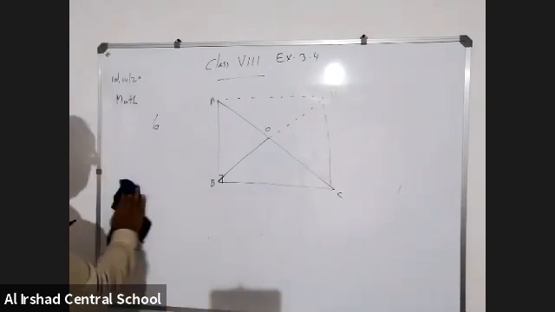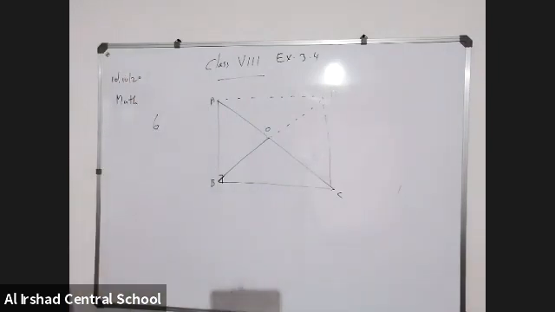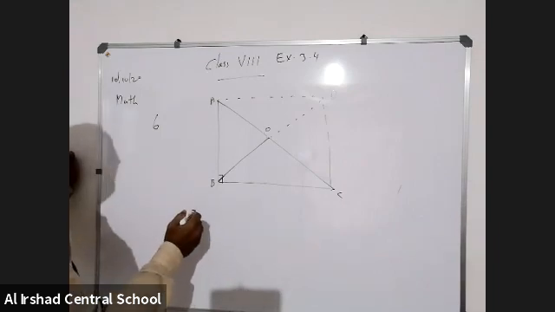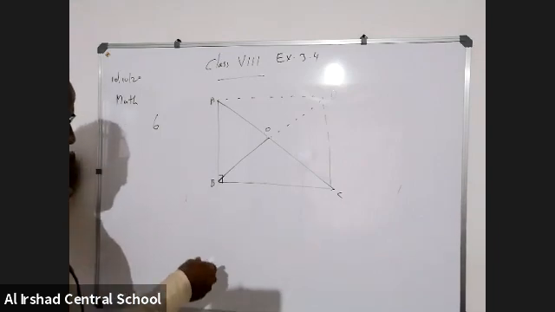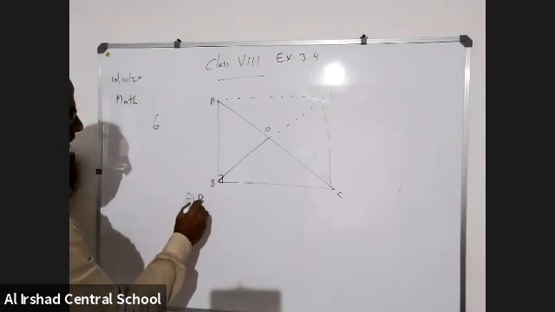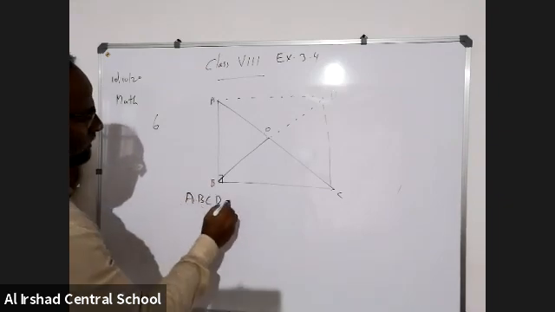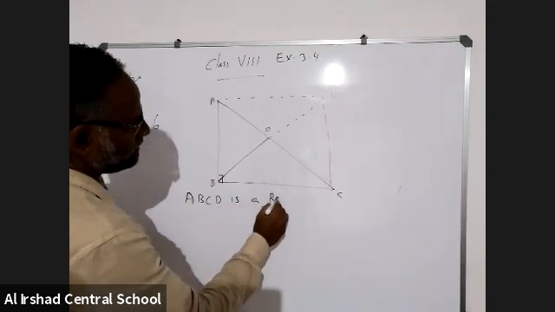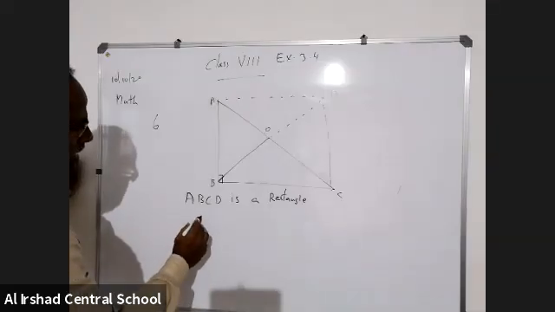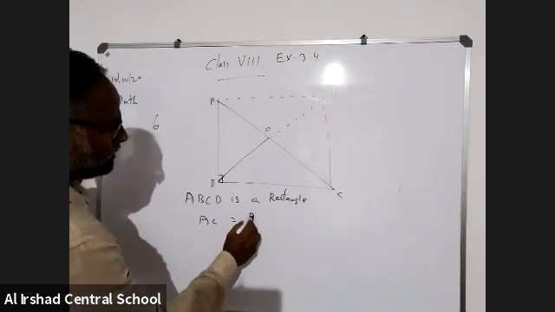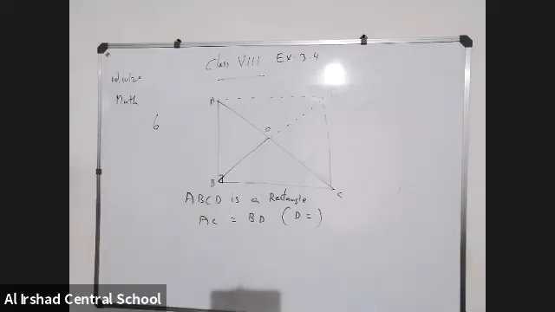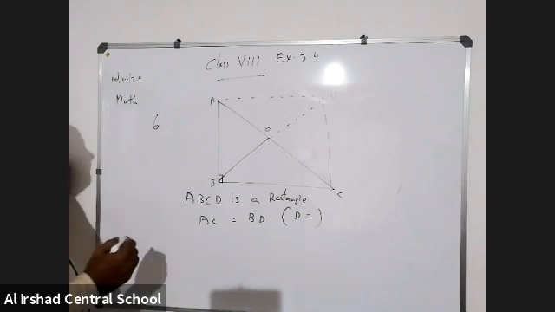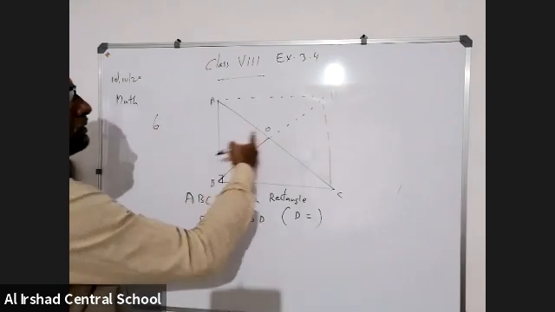You would have drawn it like this. You are getting a rectangle. ABCD is a rectangle. AC is equal to BD. Diagonals are equal, correct? Now AC is equal to BD.